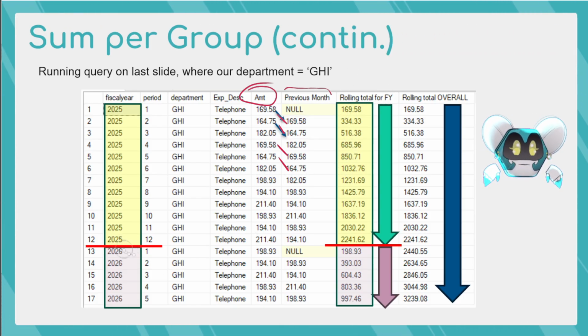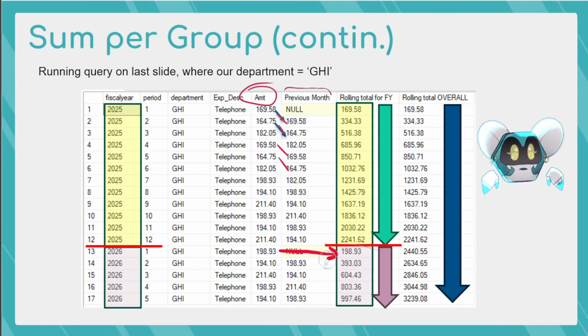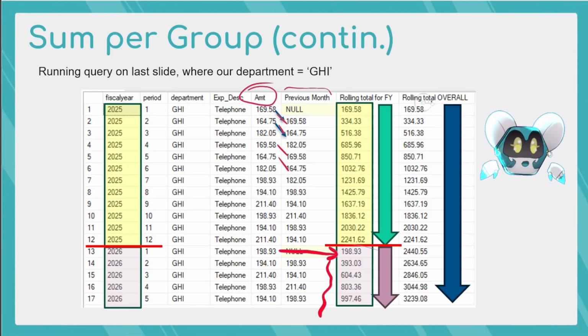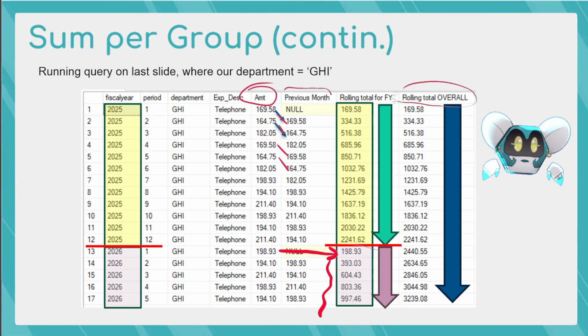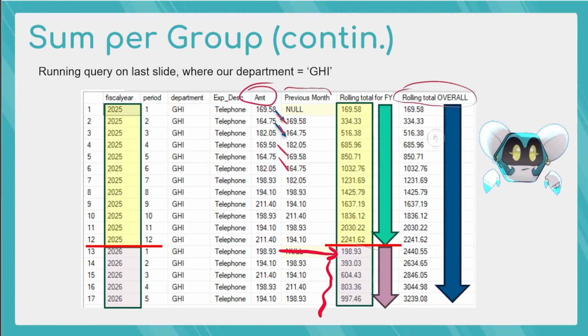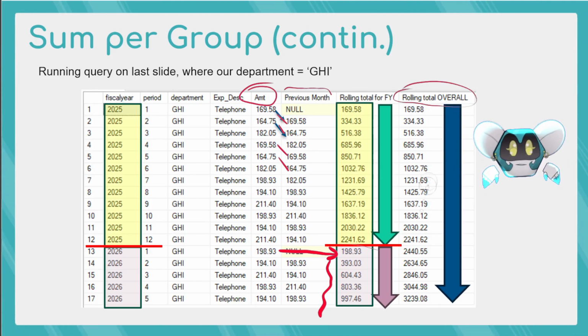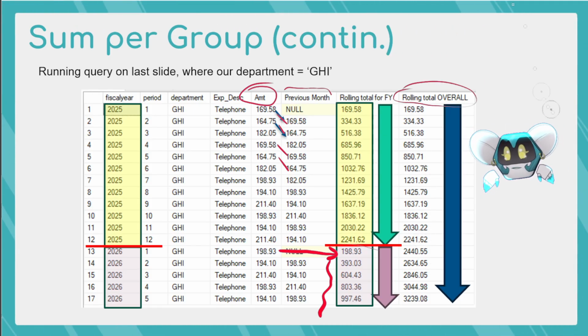And as soon as we hit fiscal year 2026, it cuts off and starts all over again. It continues to grow. And then we also have our grand total, regardless of the fiscal year. We just want to see the total history since the beginning of time, or when that account was started or started to get used by that department.